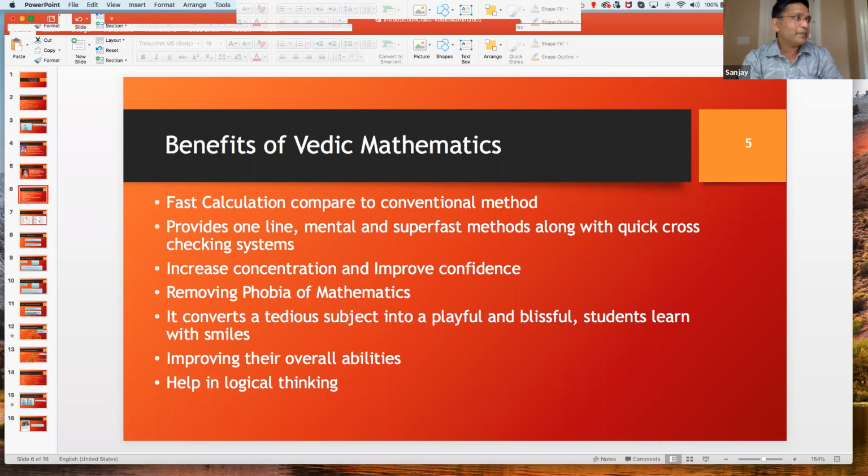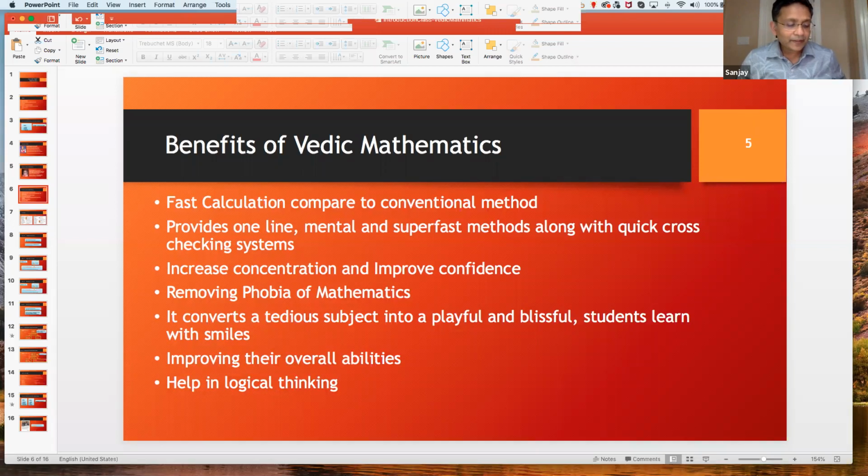So it becomes a playful and blissful experience for the students to learn anything new, such as Vedic math, oral abilities, and moreover, it's just about logical thinking, right? You won't make mistakes or guesses.